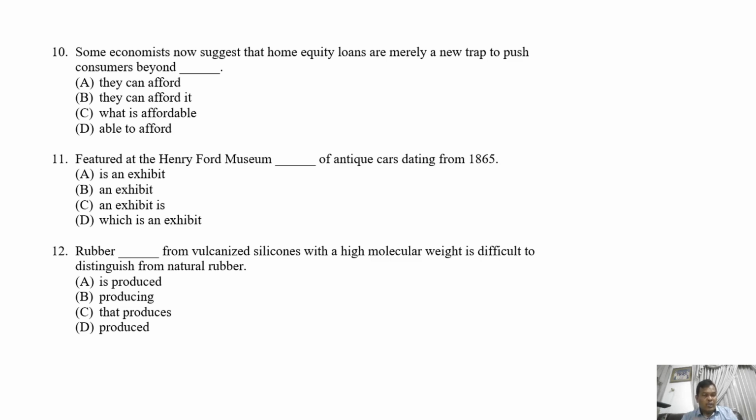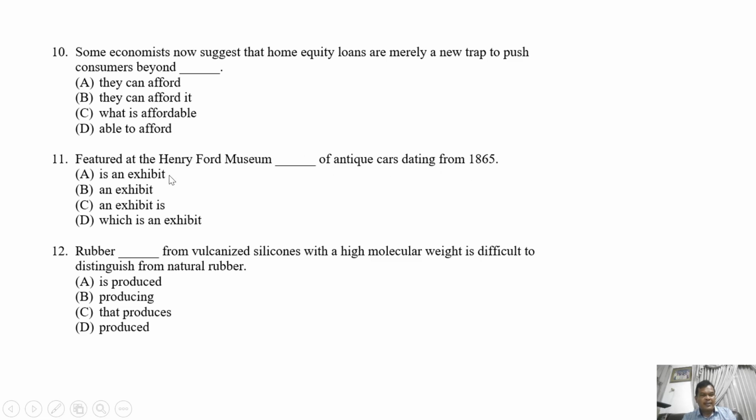Therefore, what we need is to choose one of them with a conjunction, because we now have 3 predicates: 2 predicates here, suggest and are, and we have here can and is in the options. So we have 3 predicates. It means that we need 2 conjunctions. We already have 1 conjunction in the sentence, so in the option we need 1 more conjunction. So the answer goes to C.